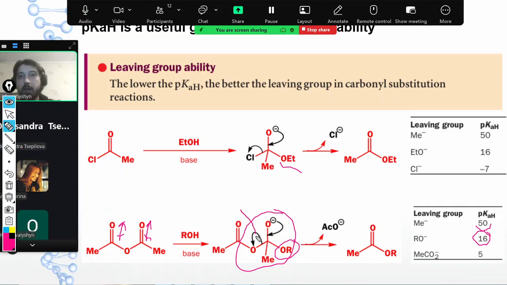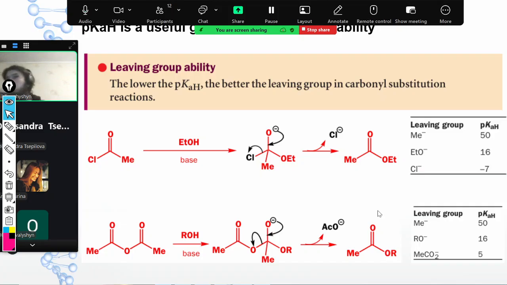But we have this sort of group that is basically acetic acid. Acetic acid has pKa 5, so probably that's what will leave. So acetic acid leaves, or let's say the conjugate base of acetic acid, and here is what is left.